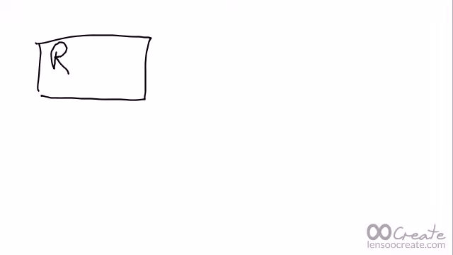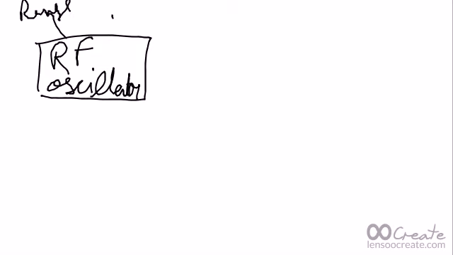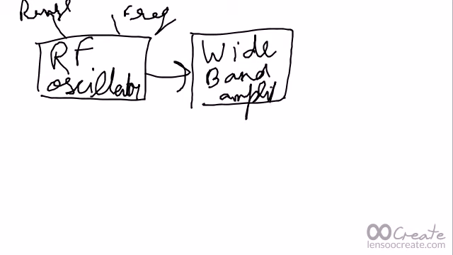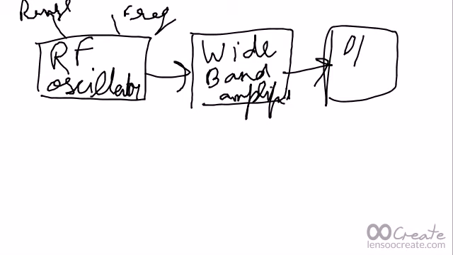So first you have an RF oscillator. Range is selected, frequency is also selected. Then after that you have a wideband amplifier. After that you have an output attenuator.